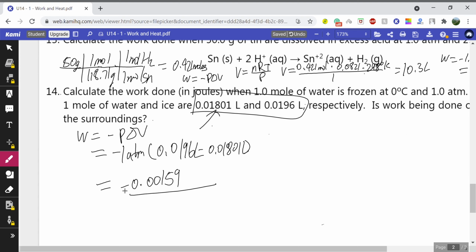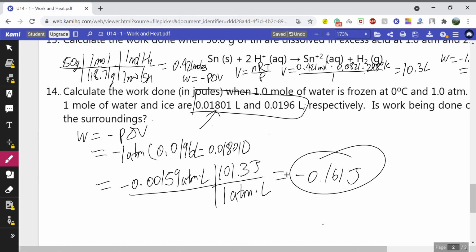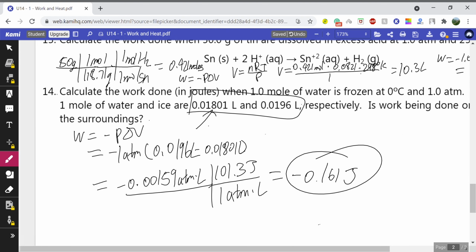And then this is atmosphere times liters, and the formula is 1 atmosphere times liter equals 101.3 joules. Okay, now negative 0.00159 times 101.3 is going to be equal to negative 0.161 joules.